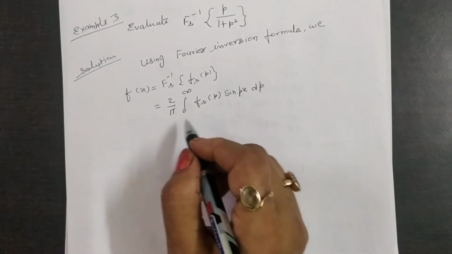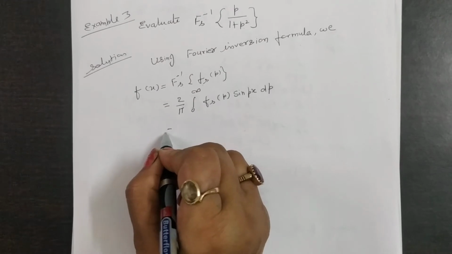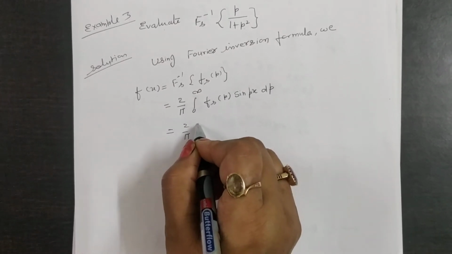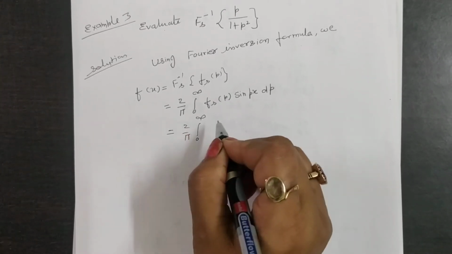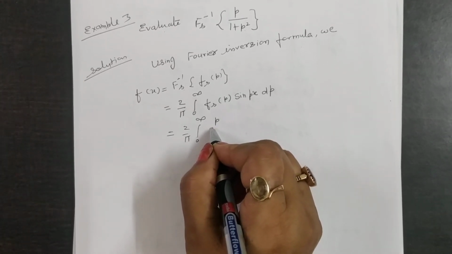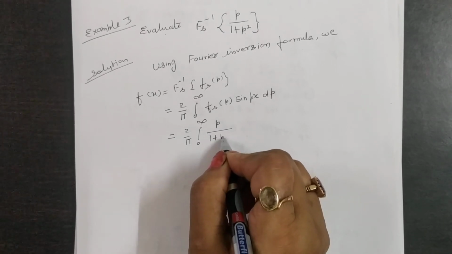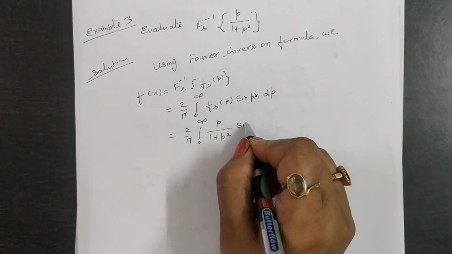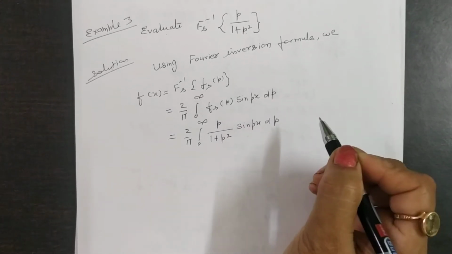Now Fs(p), which is given in your problem, is p/(1 + p²), so f(x) = 2/π ∫ from 0 to ∞ of p/(1 + p²) sin(px) dp. Okay, students, clear?